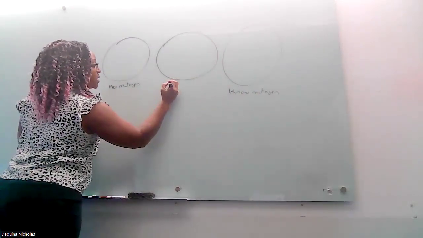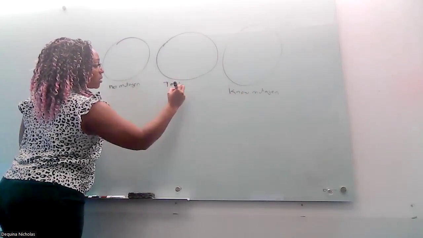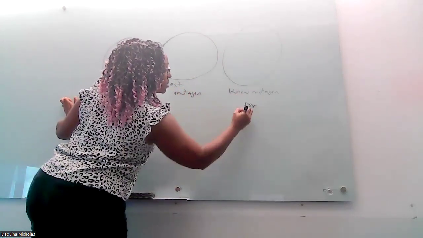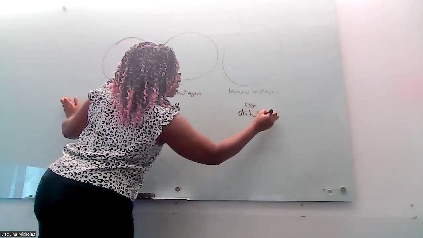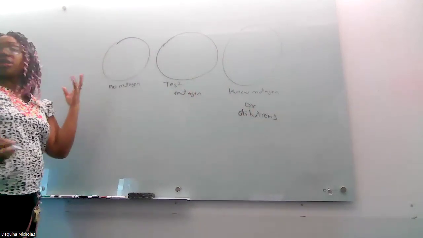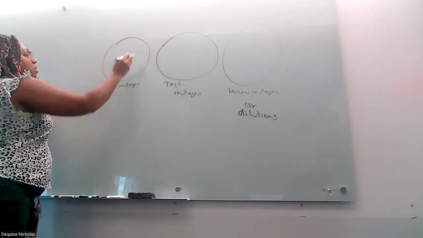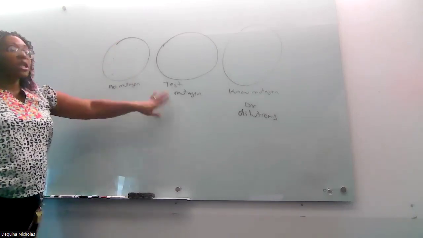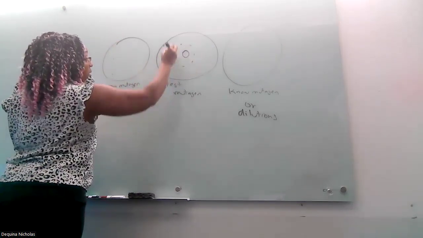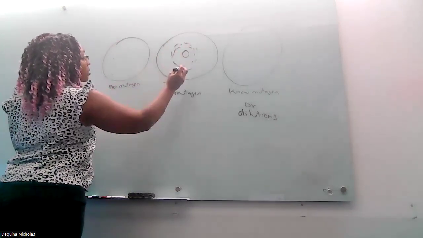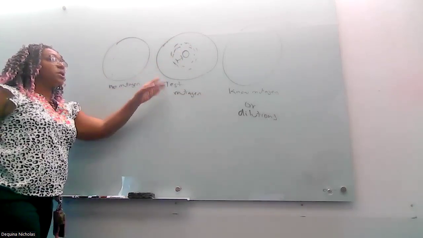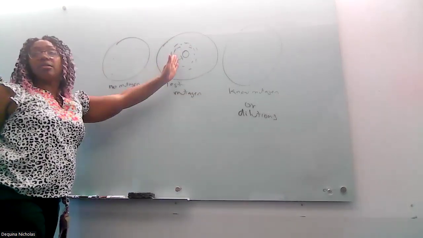And then what you want to test, the mutagen. If there's no mutagen, you don't expect to see the reverse mutation. A couple of them are spontaneous, you'll see them randomly throughout the plate. If you test a mutagen, this is when you expect to see growth, if it is a mutagen, in a circle, or some type of clear zone. When you do dilutions, you know it's dependent on this mutagen because your clear zone gets smaller as you dilute it.